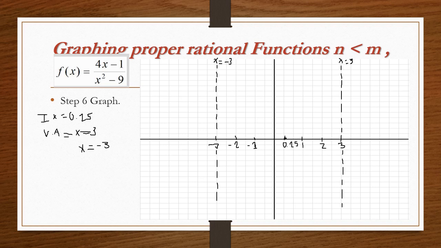Then we are going to place here the additional values to complete the graph. Our first additional value would be -4 and -2.42. So here we're going to put -4 and -2.42. Here we go, our little dot here.